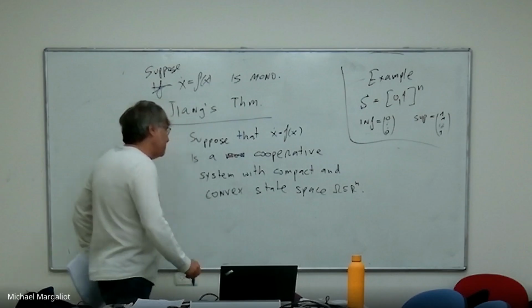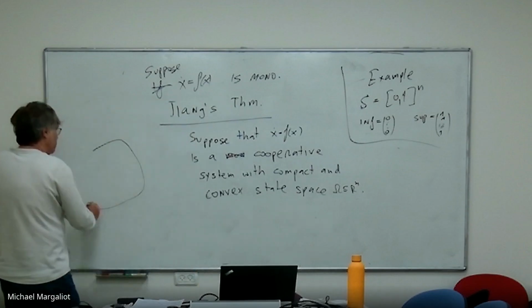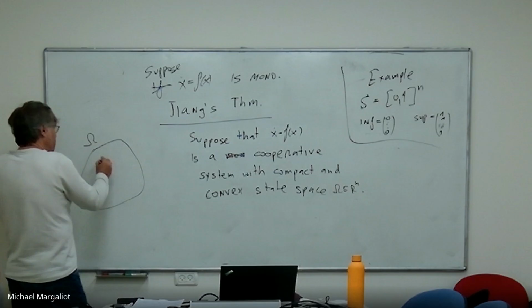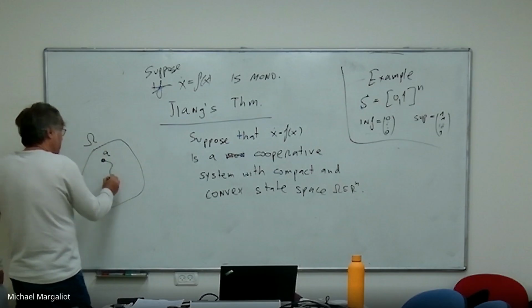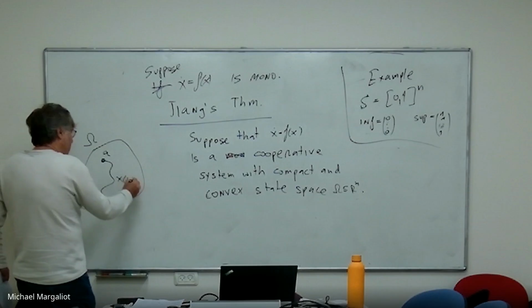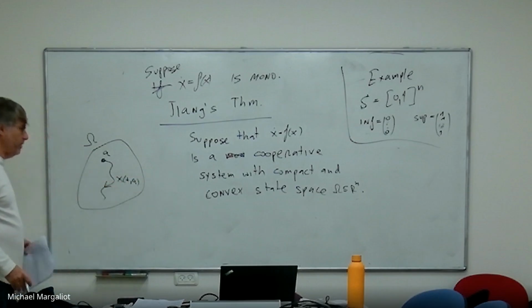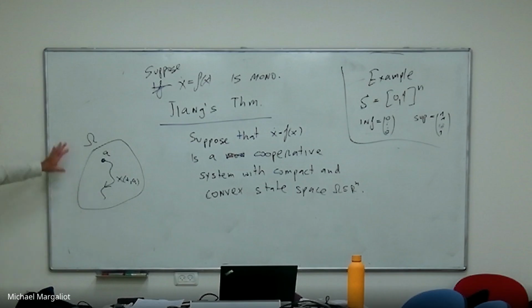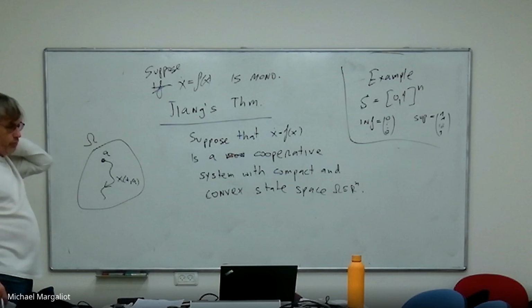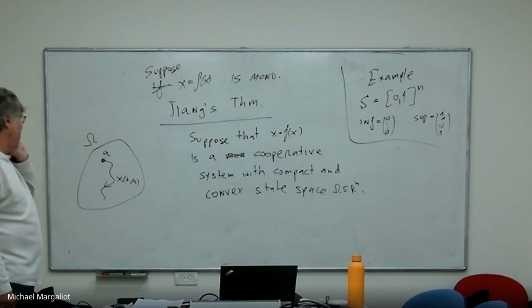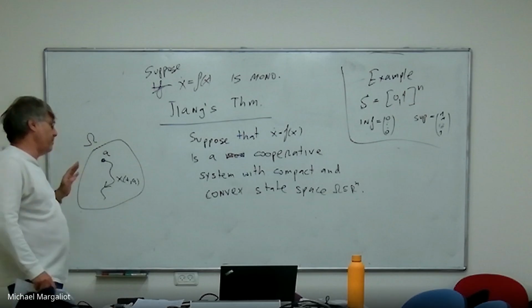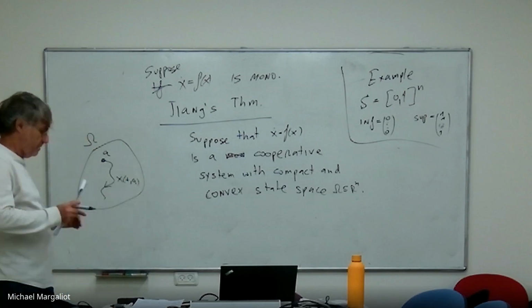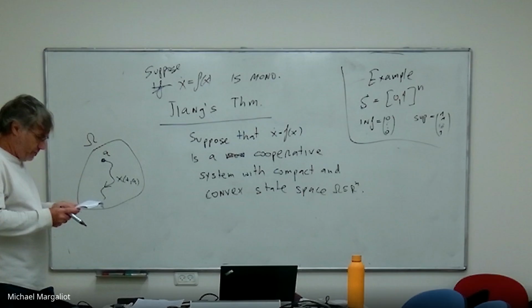When I say that this is a state space, what I mean is that if you start from any point in omega, you stay in omega forever. Like in the RFM, if you start in the n-dimensional unit cube, you will stay in it forever. So the state space is an invariant set. If you start there, you remain there.